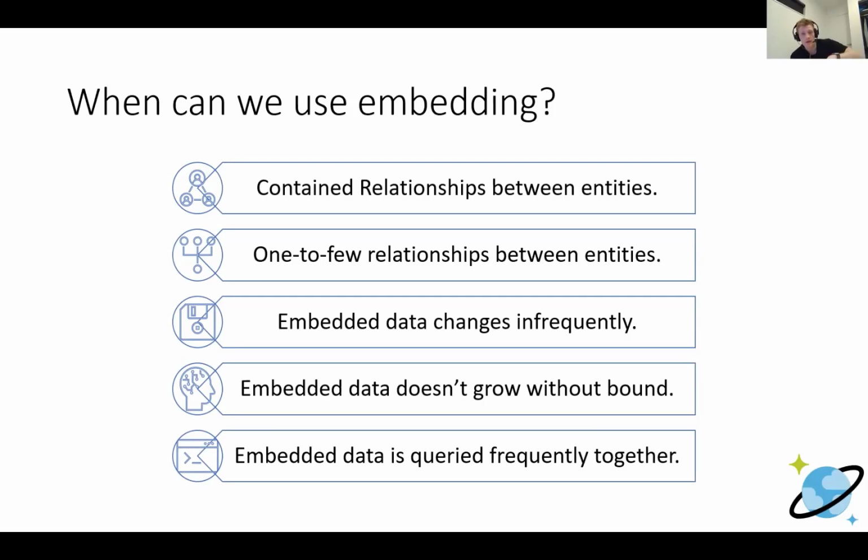So for our book example, if we had an array of authors and that was limited to a certain amount, let's say 3 was a limit, or 4, maybe even 5, depending on how many people would actually collaborate on a book, and you know it's not going to grow to tens or hundreds or thousands, we can use embedding. We can embed data within our documents. And if it's queried frequently together, and your data follows these guidelines, this is a really good pattern for embedding.